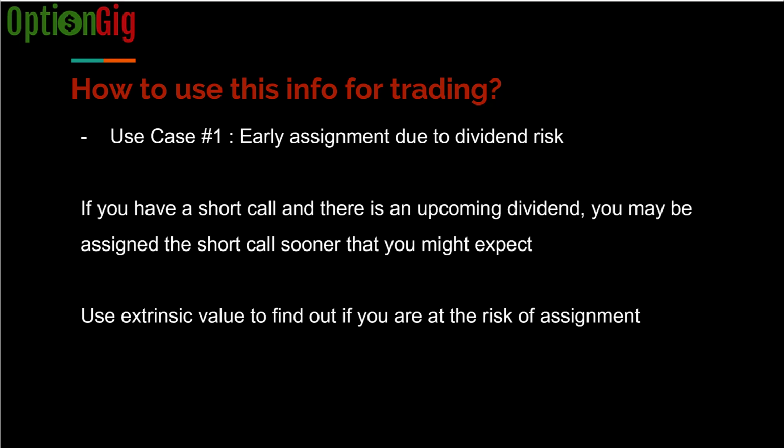It just doesn't make financial sense. So that's the reason if the extrinsic value left in the option contract is more than the dividend being paid out, you are not at a risk of assignment. But if it is less, then you certainly are at a risk of assignment, and then you should look at your position and see what you want to do with that position.